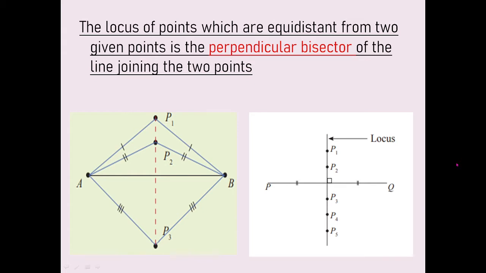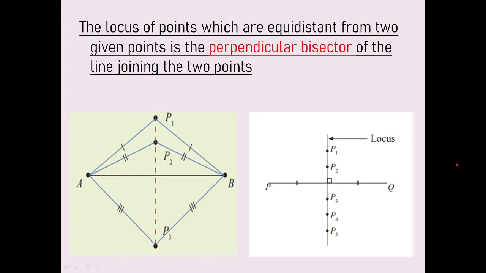Then if we join these P1, P2, P3 points, we get this red dotted line. Can you see that? That line is called the perpendicular bisector. Therefore, the locus of points which are equidistant from the two given points is the perpendicular bisector of the line joining the two points.